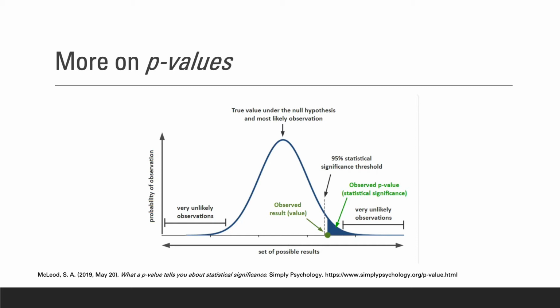Education impacted confidence. A p of less than 0.05 indicates that my findings were statistically significant, or evidence against the null hypothesis. One more time, the null hypothesis would be that my results were random. I don't want that.